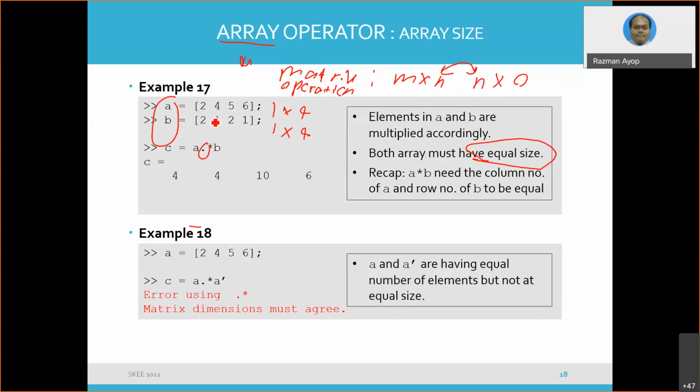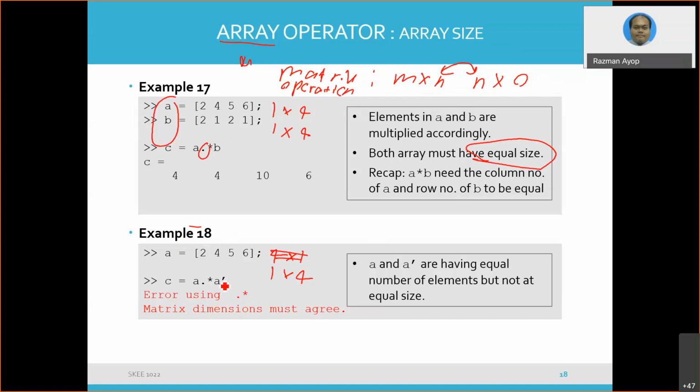So you can try this, or you can try other sizes. It will show error. What it means is, remember this is 1 multiplied by 4 size, row first and then column.